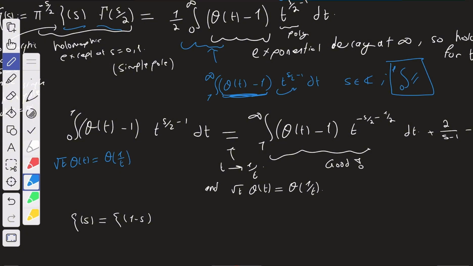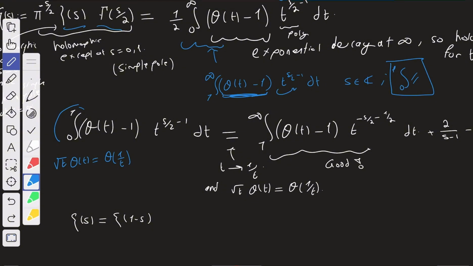And why is this useful? Via a change of variable, you can change this integral from an integral from 0 to 1 to an integral from 1 to infinity, because with the change of variable t to 1 over t, you change the boundaries. So you can resolve the problem at 0 by passing to a change of variable.